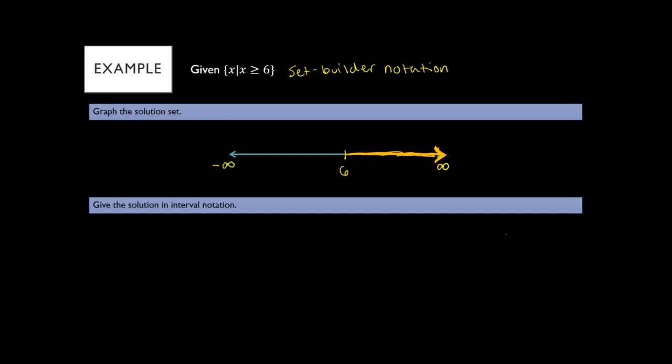And then I go back to the symbol. So it says greater than or equal to. So that equal to means I'm going to have a bracket. And it faces where I've shaded. So that means my bracket is going to be facing to the right. So that's going to be my graph.